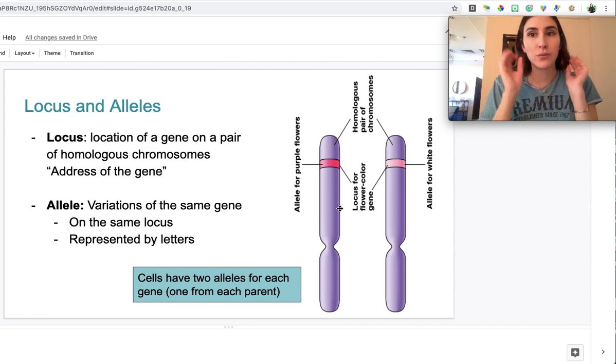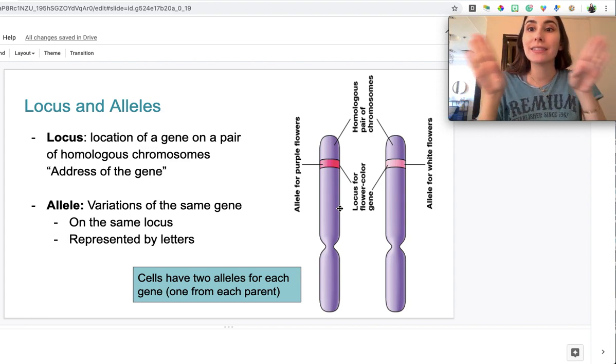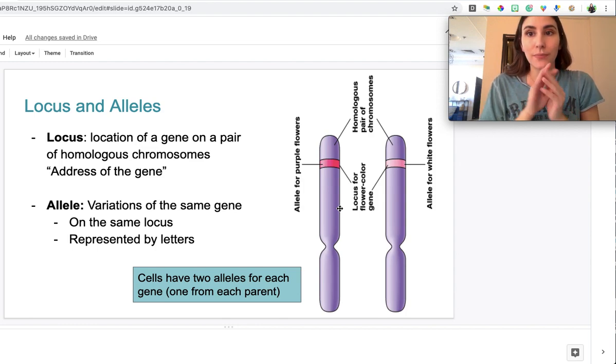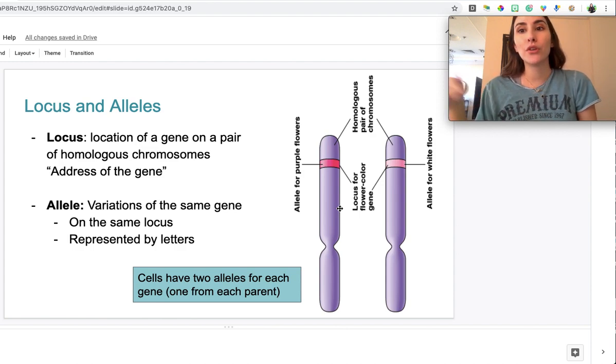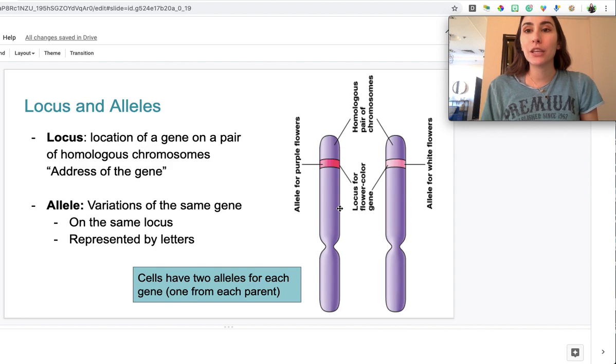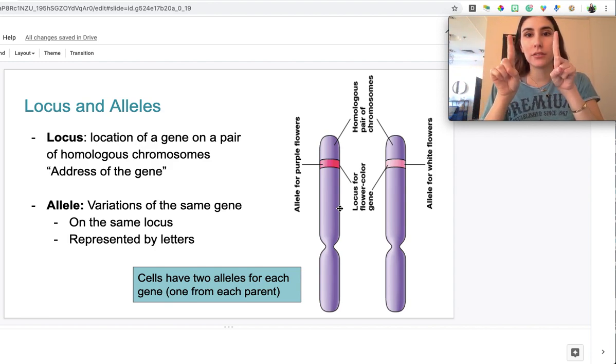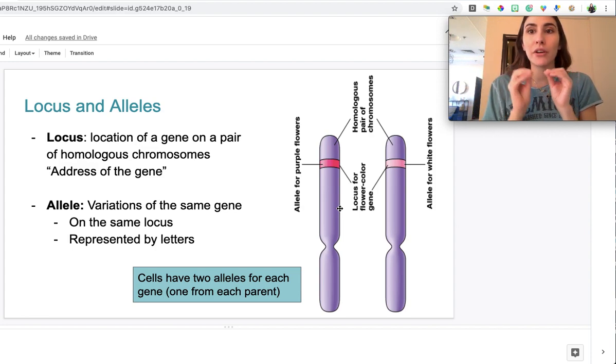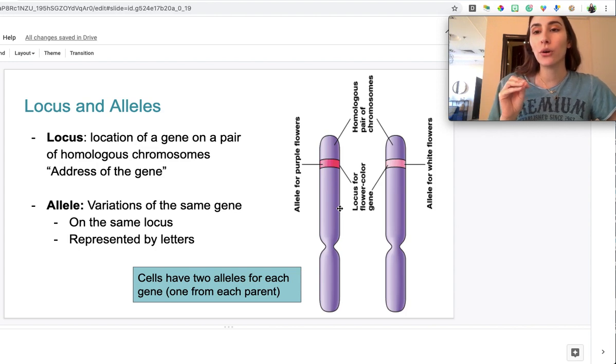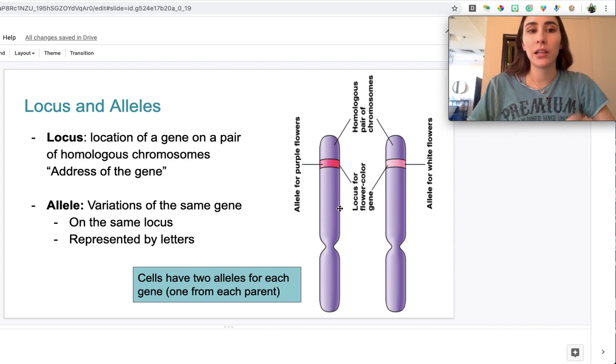Each one of those sides, we said, is one chromatid, and together they are sister chromatids. Now, you receive half of your chromosomes from one parent, from mom, half of your chromosomes from dad, meaning you have two basically not copies because they're not identical, but two versions of a very similar chromosome, and this is known as a homologous chromosome.